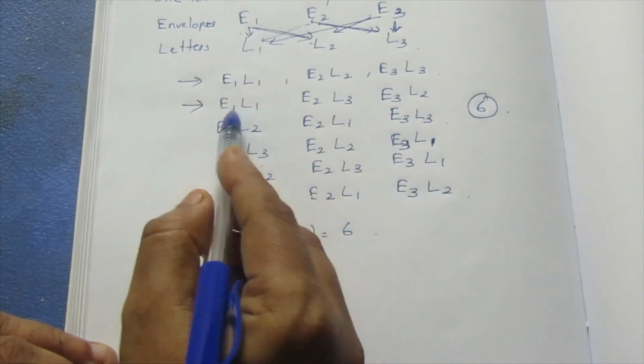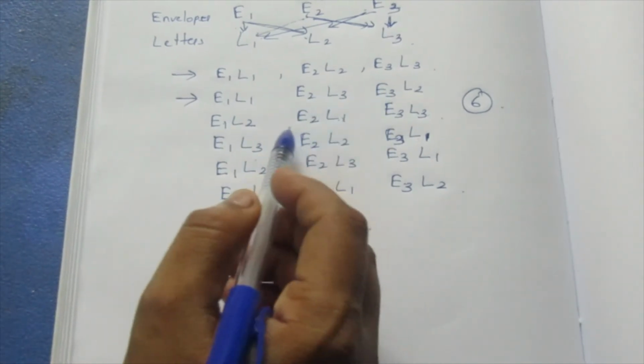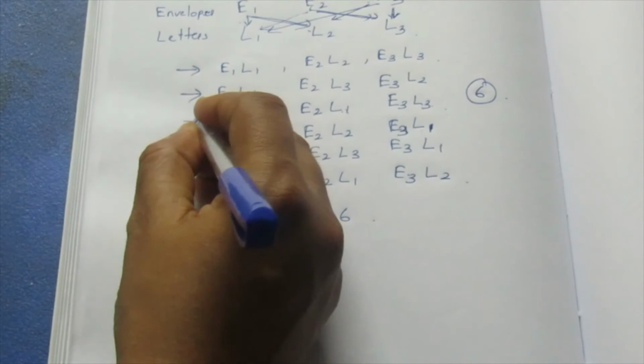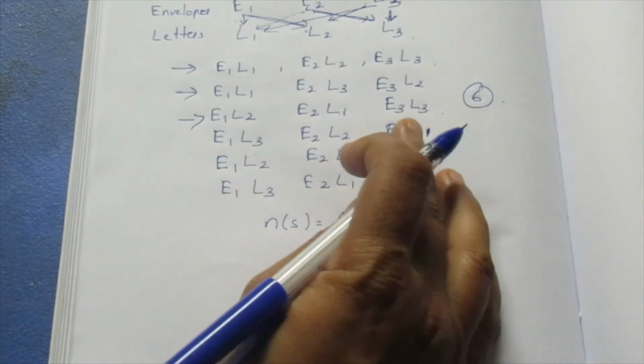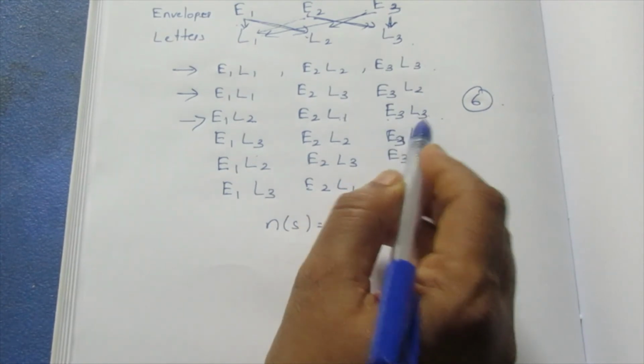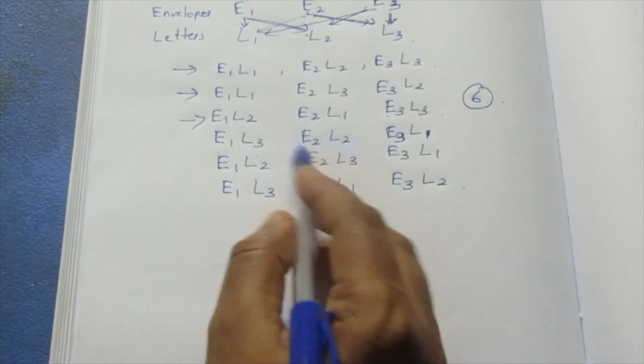In this combination all 3 are proper. Here we have E1 L1, so this combination is also right. Here we have E3 L3, so we can take this combination too. Here also we have a correct combination, E2 L2.